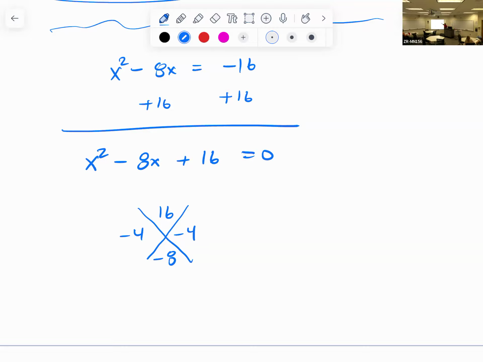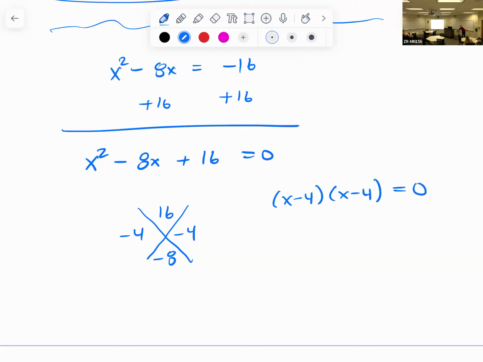Back to the quadratic. What's special about the quadratic? There is no number in front of x squared. This is a 1, absolutely, which means I can jump to the factors. I don't have to do the full diamond here, which means (x minus 4)(x minus 4) equals 0.